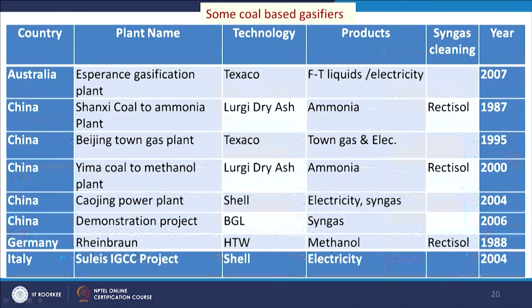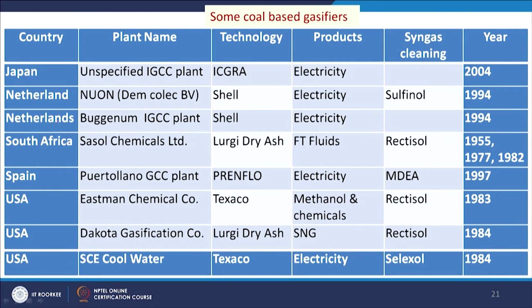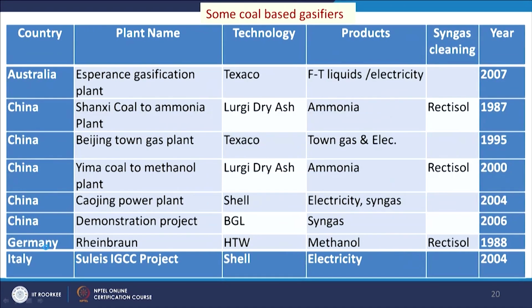These are some coal based gasifiers around the world: China, Germany, Italy, Netherlands, South Africa, Spain and USA. In these countries there are plants where the gasification process is in practice, and they are producing different types of products.